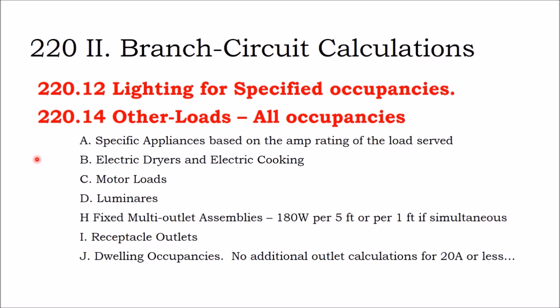So then we have different branch circuit calculations with specific rules for calculating loads of these branch circuits. There are some standard rules for how much power to allocate for certain kinds of electrical appliances.